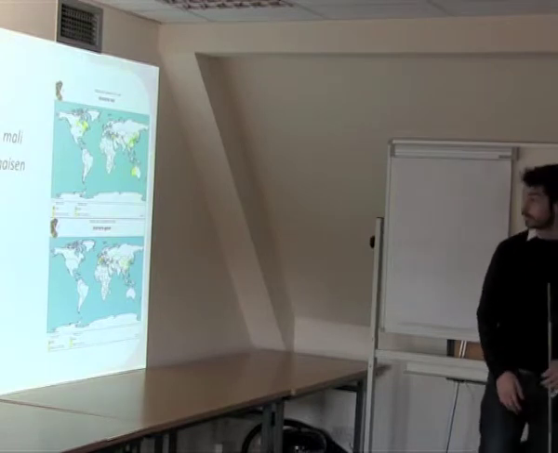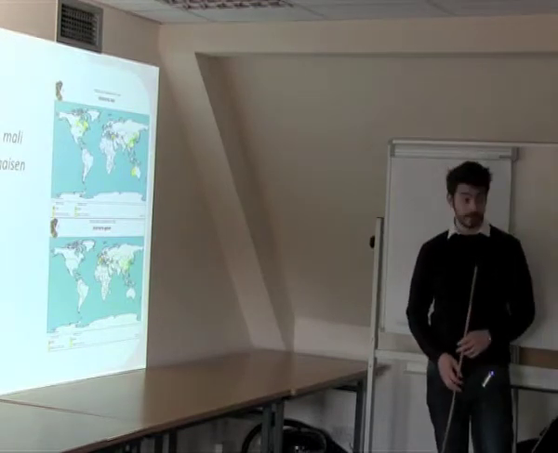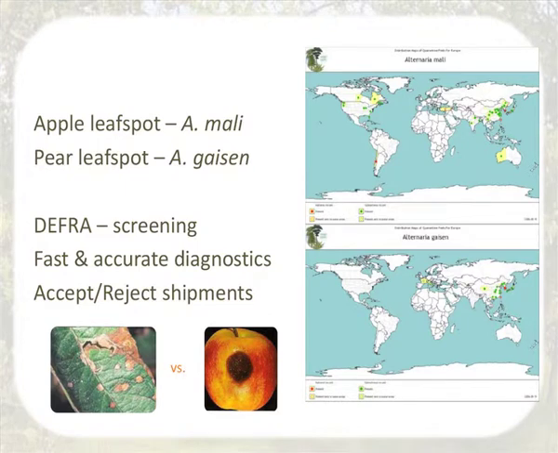So it comes down to local screening bodies, such as DEFRA in the UK, to perform screening, and they rely upon fast and accurate diagnostics on which to make decisions on whether to accept or reject shipments which may be potentially contaminated with Alternaria.